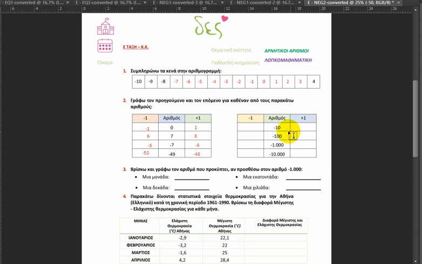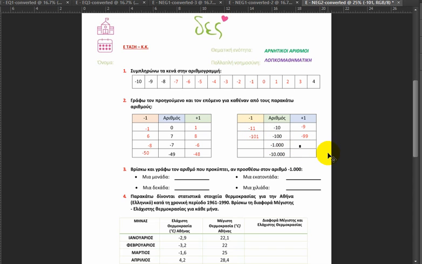And then we do the same thing here. So if we add 1 here, we're going to go 1 step to the right, so minus 9. Whereas if we subtract 1, we go 1 step left, so minus 11. And the same for the rest of these, so minus 99, whereas here we get minus 101.